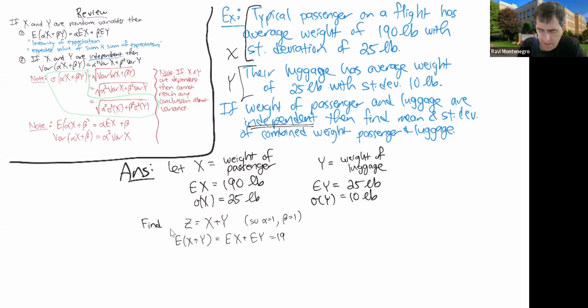So 190 plus 25 would be 215. If this data were accurate, then the average combined weight of a passenger with their luggage would be 215. The data is almost certainly not accurate because children weigh less, but that's not important.